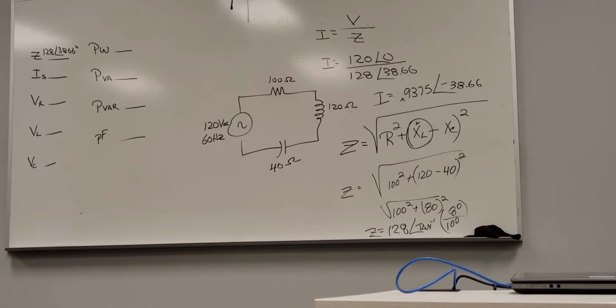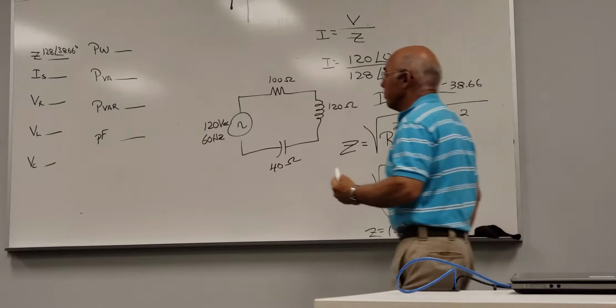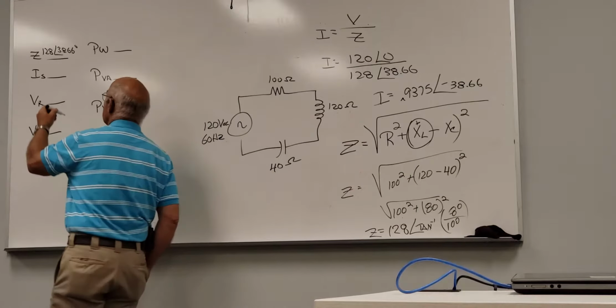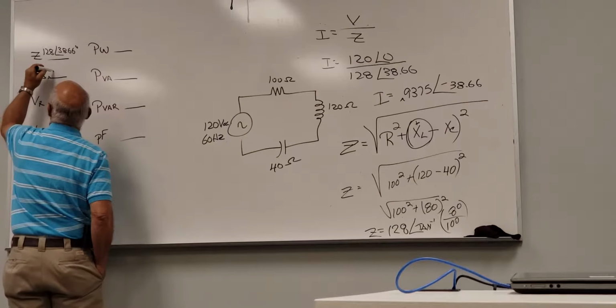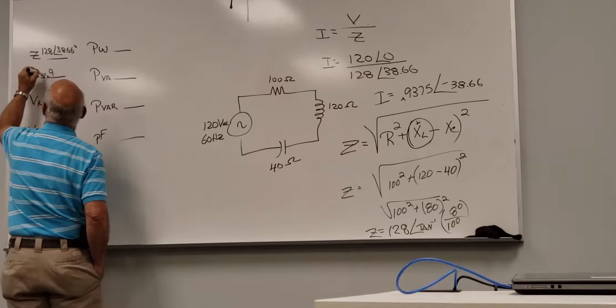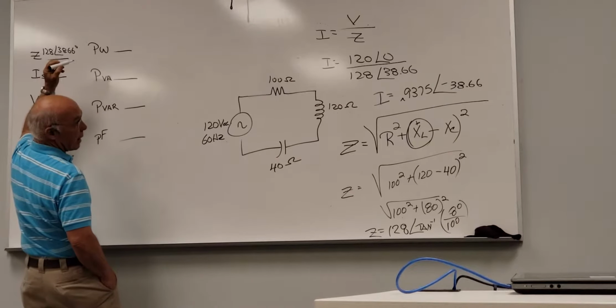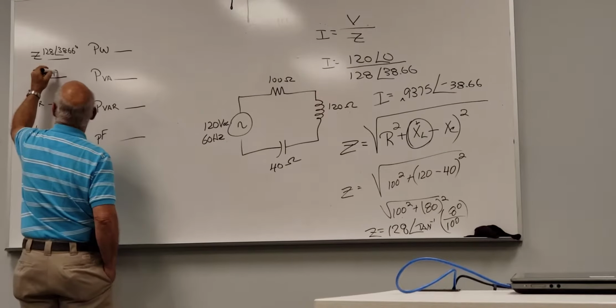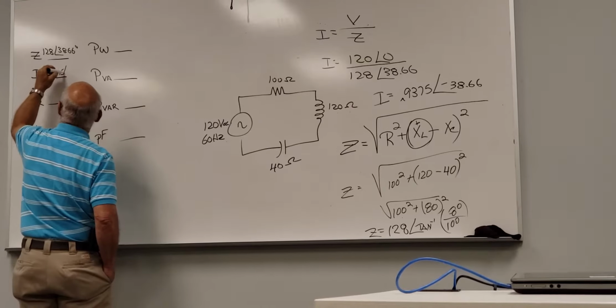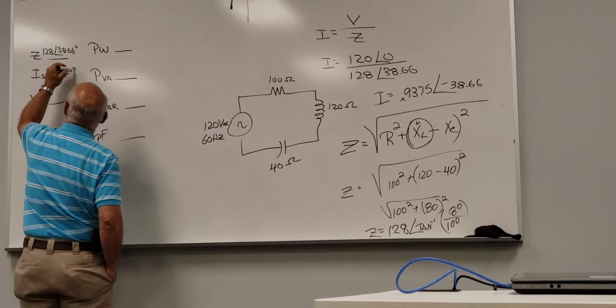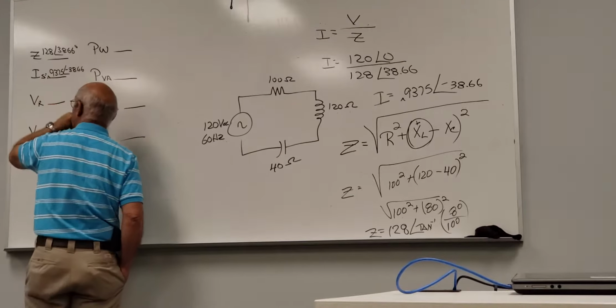So therefore, I'm pretty confident I must have done it right. All right. So the current is 0.9375 at an angle of minus 38.66.